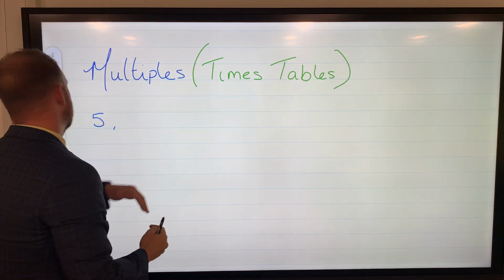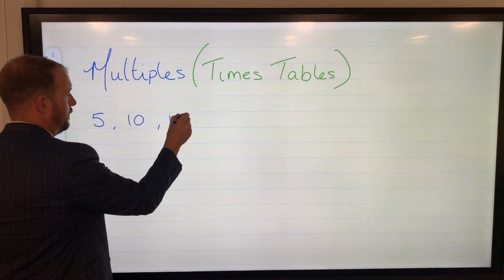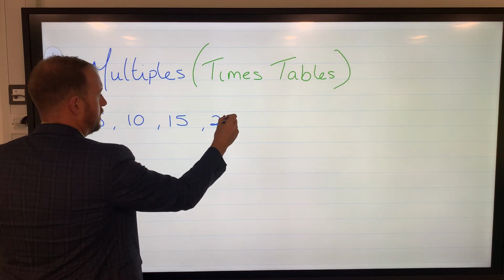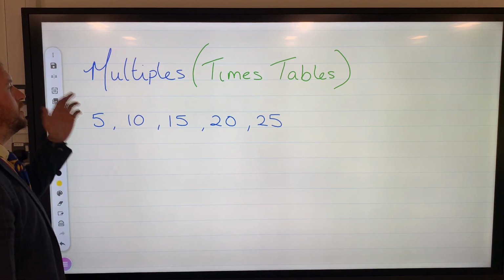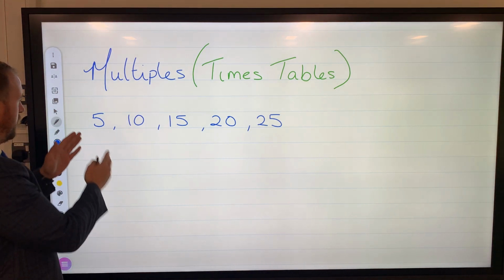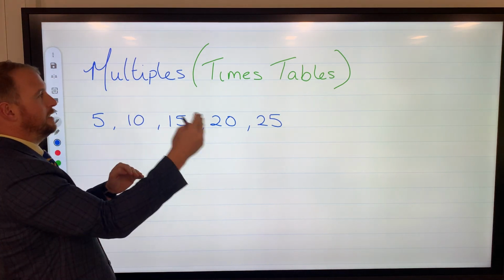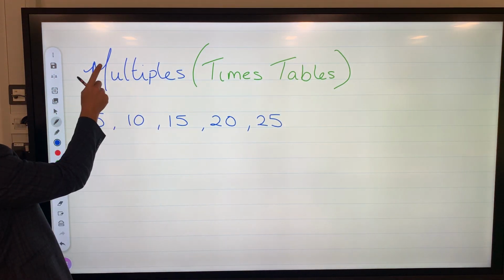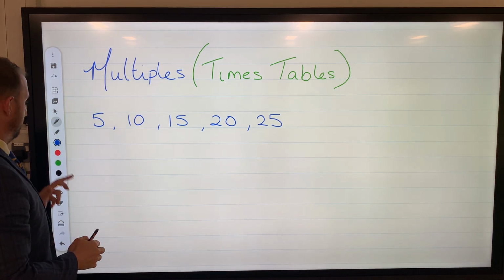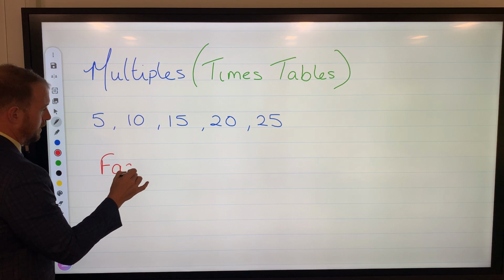Multiples of 5 would be 5, 10, 15, 20, 25, etc. These are multiples. It's where the first multiple of 5 is 5, the second is 10, the third is 15, etc. Sounds very basic, but a lot of people get multiples mixed up with factors.